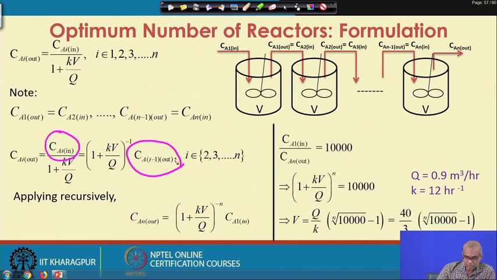We know that the inlet concentration to a particular reactor number i is basically the outlet concentration of reactor i minus 1. So, Cai in equal to Cai minus 1 out. Note that this is valid for i equal to 2, 3 up to n, starting from 2.